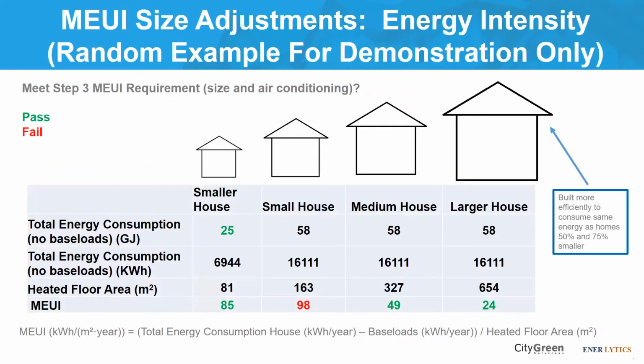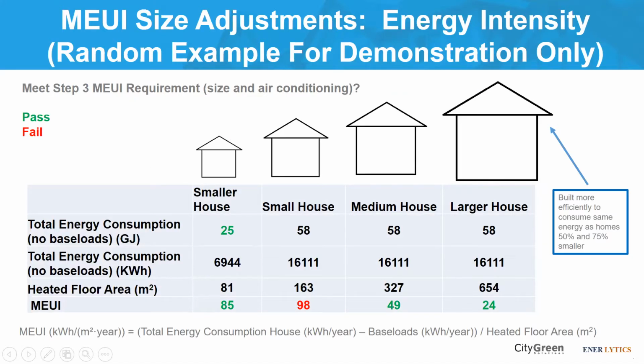Now let's look at an example of that. Here we have 4 different homes. We have a smaller home with a smaller energy consumption that easily passes the metric. Then we have a small house, a medium house, and a larger house that all have the same gigajoule and kilowatt hour energy consumption a year. These homes each have different heated floor areas.